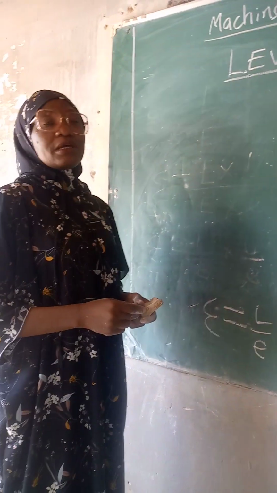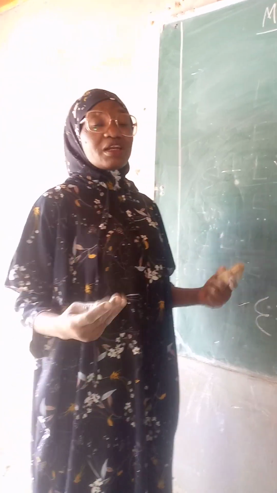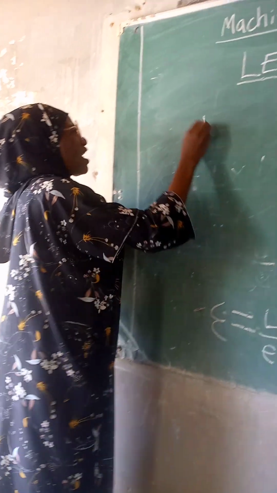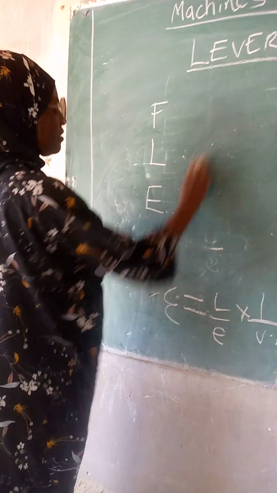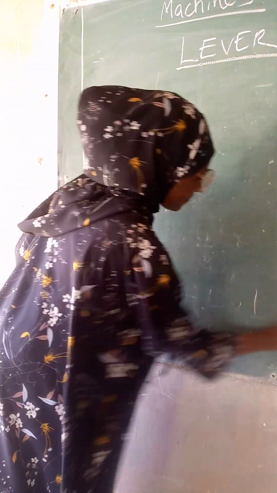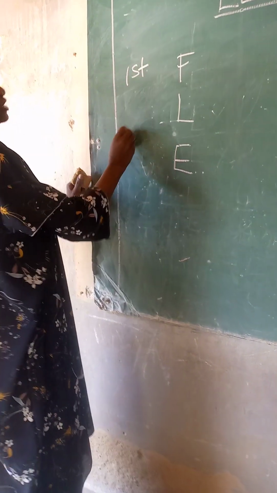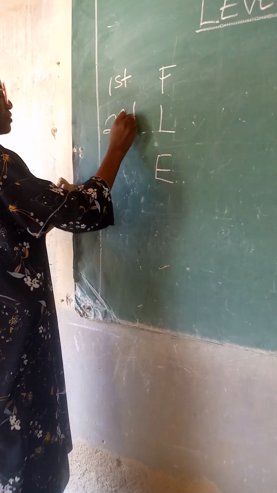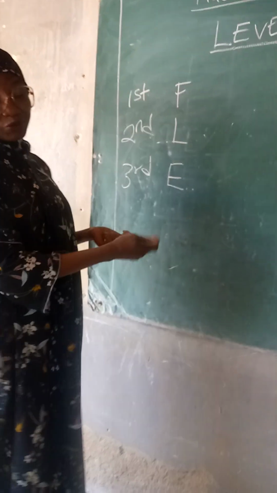Usually I tell my students you can easily differentiate between the 3 classes by simply writing FLE. This one goes for first class, this one goes for second class lever, and this one goes for third class.